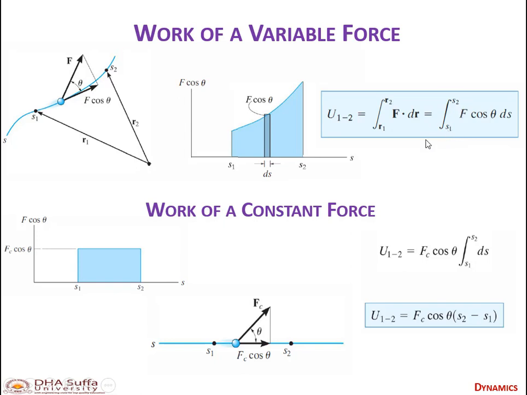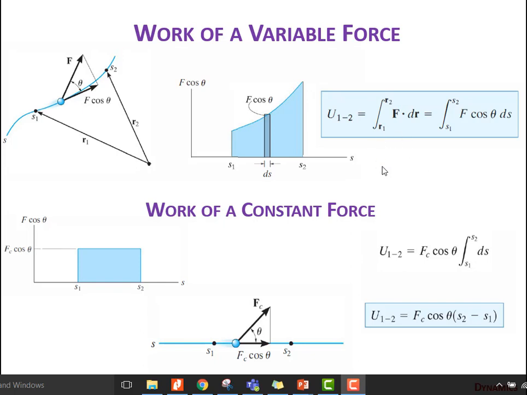F cos theta is a function of s, and ds is the small differential displacement along the x-axis, and s1 and s2 represent the lower and upper limits of the displacement. So by using this relation, we can find the work done by the variable force.